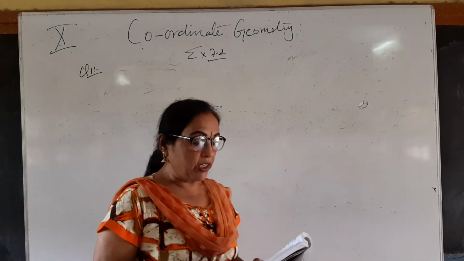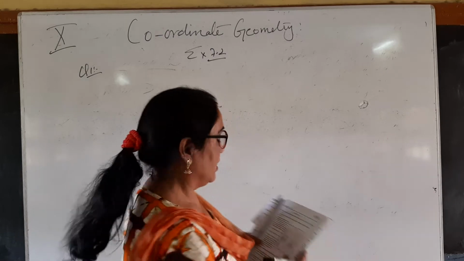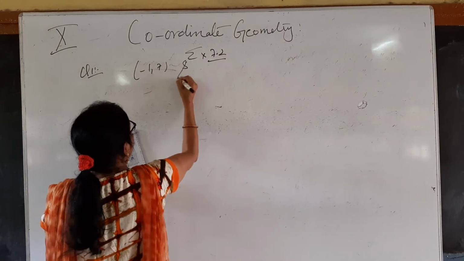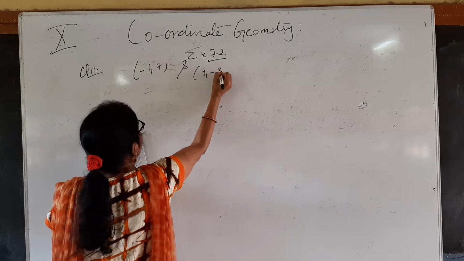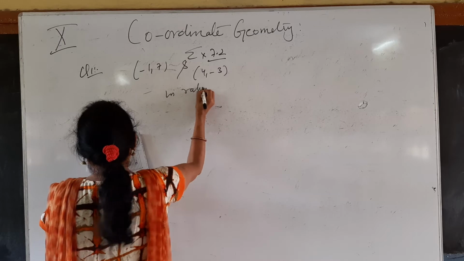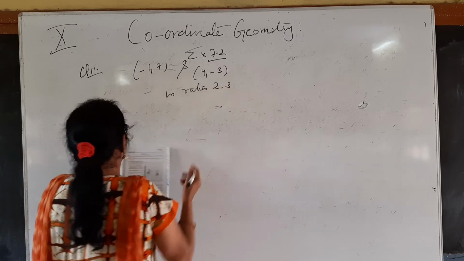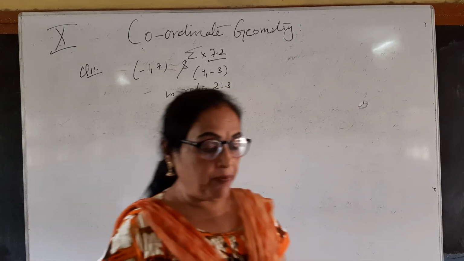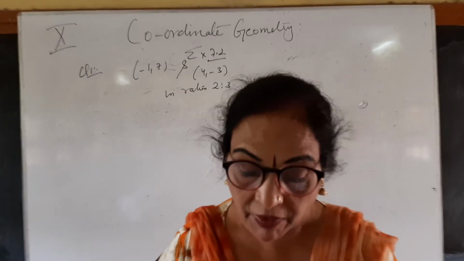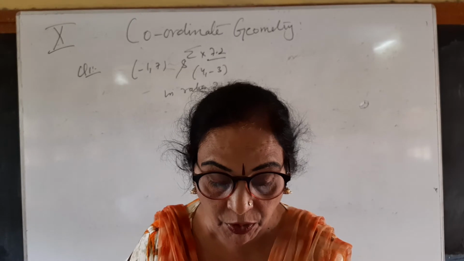Here it is given: find the coordinates of the point which divides (-1, 7) and (4, -3) in the ratio of 2:3.